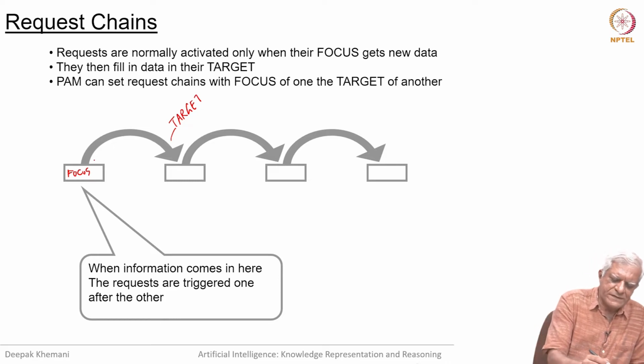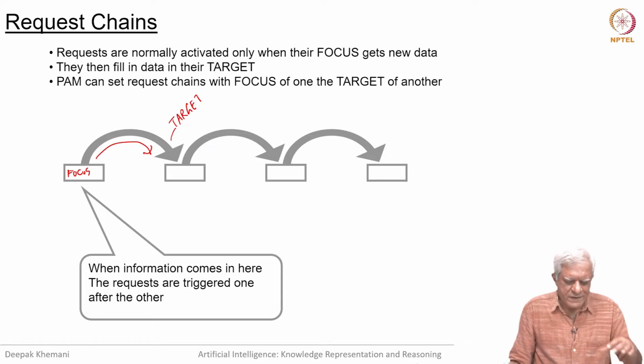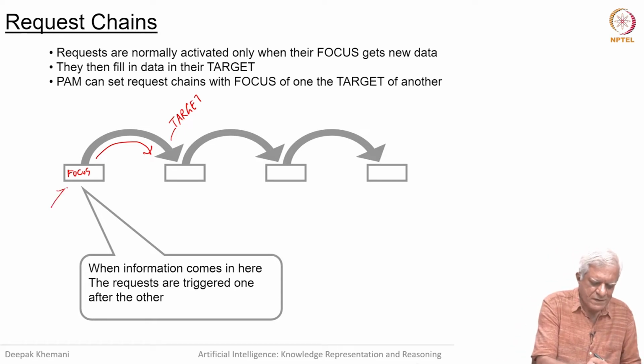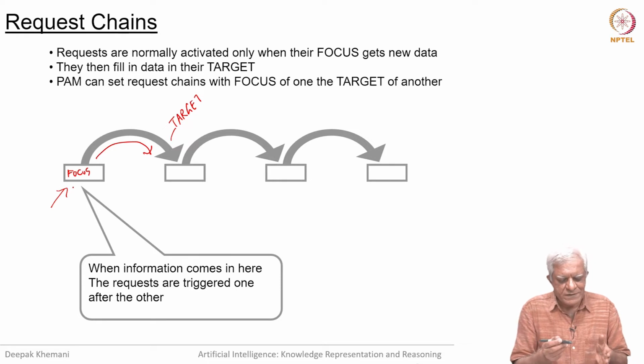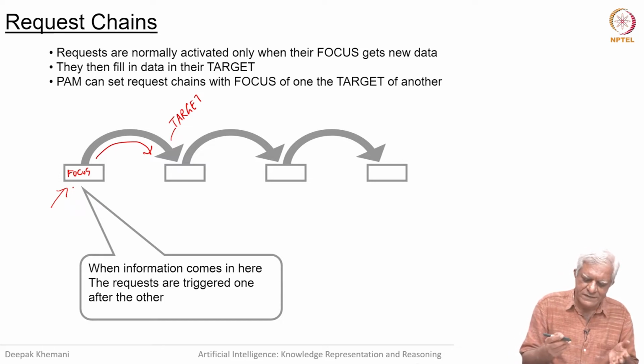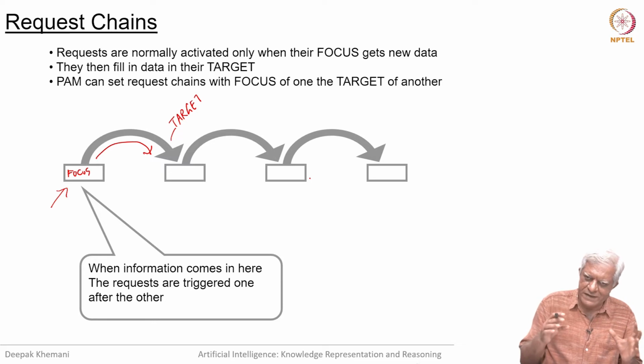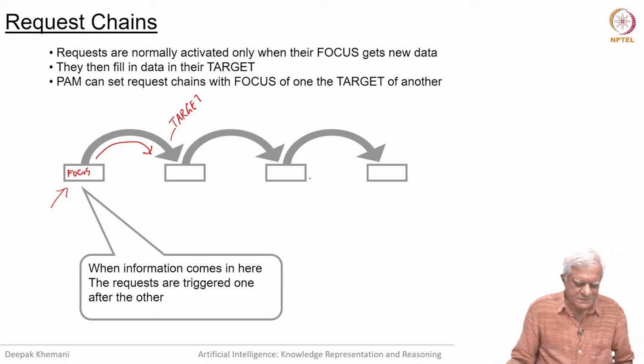So, when it places this request, it also says that when I get something into this focus, then I will make an inference and add that inference to what I am calling the target, and the target could well be the focus of another request, which would then get activated and then fill up the next target and so on essentially. This process could continue and PAM basically has this mechanism of setting up these requests, activating requests as and when things happen.